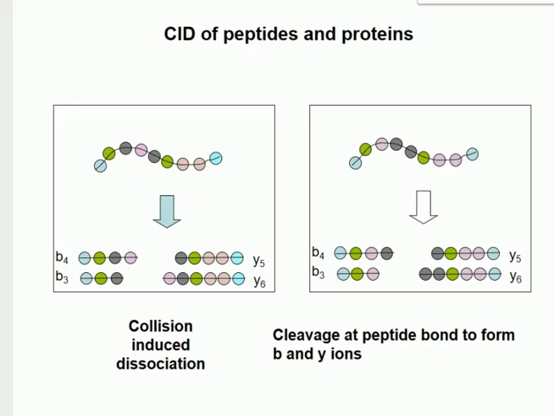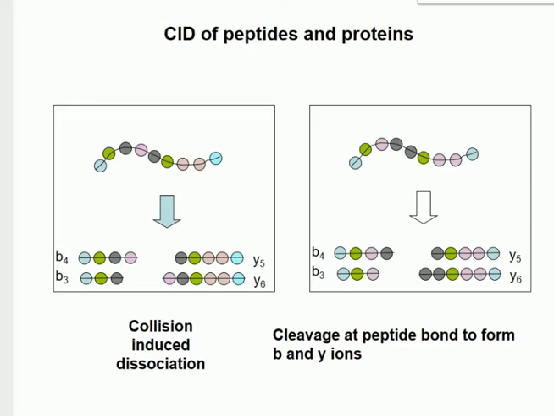So what sometimes can be a bit confusing is that you just get one cleavage per peptide. When you're doing mass spectrometry, you're looking at a population of ions. So if you've got one particular peptide, you may be looking at 1,000 ions. So there'll be 1,000 of those starting peptide ions.